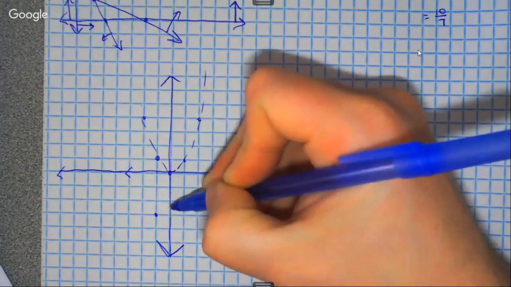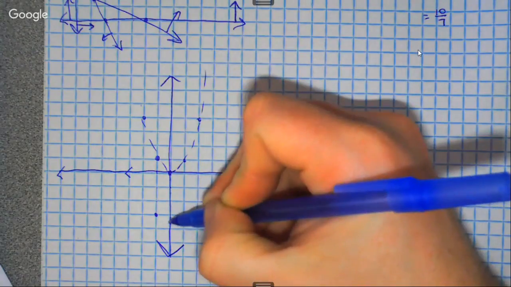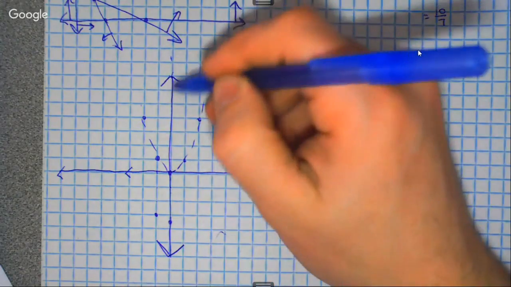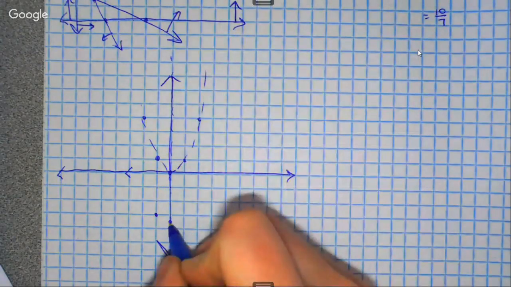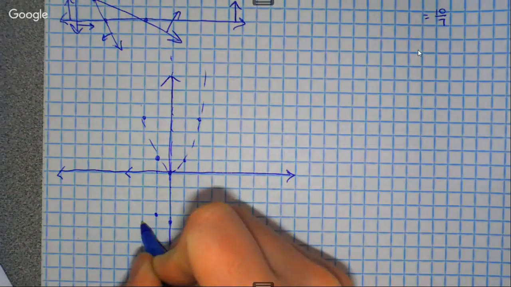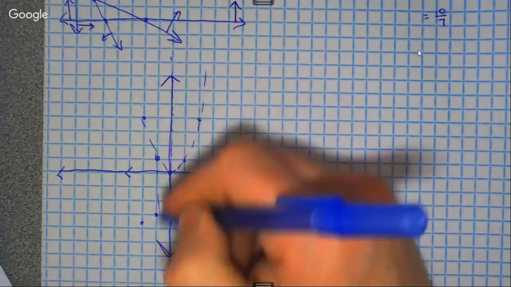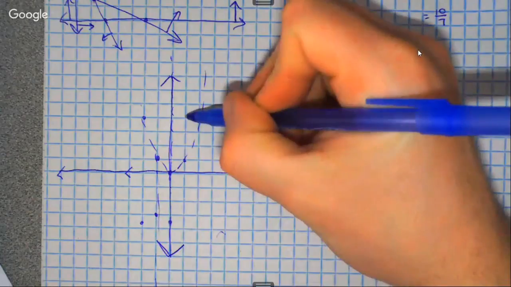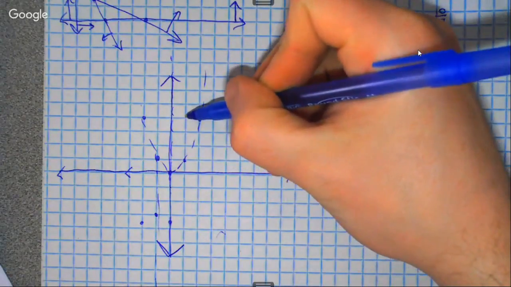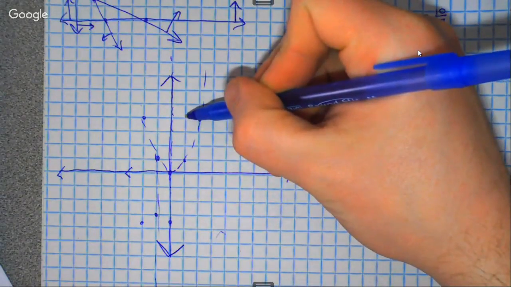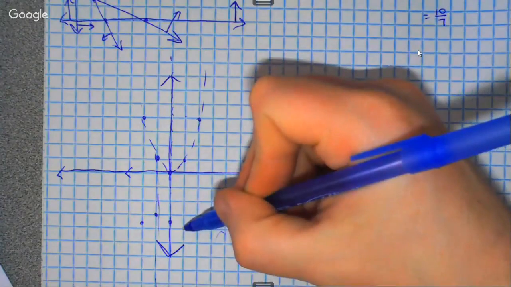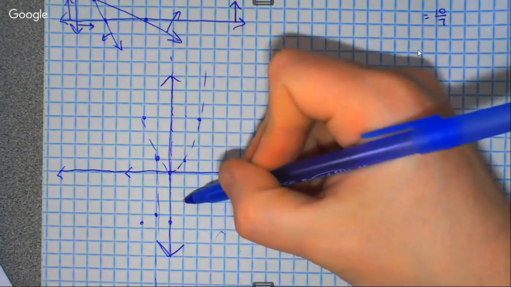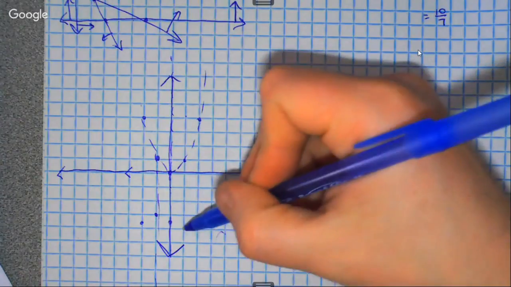1, 2, 3. Now, a parabola has an axis of symmetry right here. So this point actually gets reflected over here because this is now your axis of symmetry right there. So if I move this one left 1, I go over the x-axis. So now I'm at -4. Multiply it by half, I'm at -2, and I go down 3. 1, 2, 3.